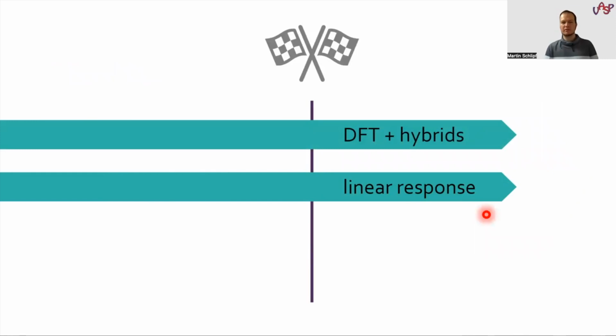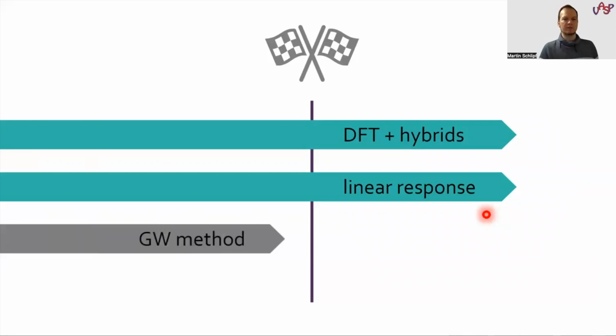Both approaches are implemented: you can do finite differences, which just relies on energy calculations, so essentially a kind of trivial extension of the local DFT and hybrid calculations, or you can even do density functional perturbation theory. Both are ported with OpenACC. What we are currently working on is an OpenACC port of the GW method. This will probably happen in one of the next releases.